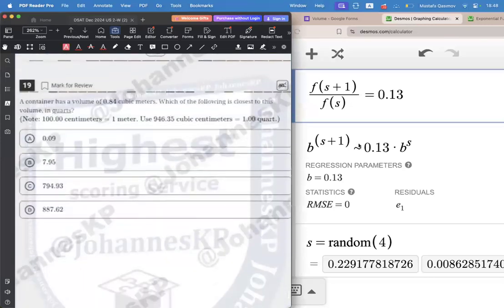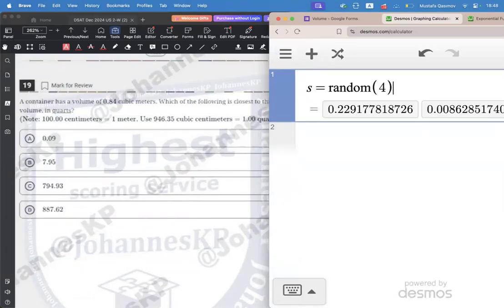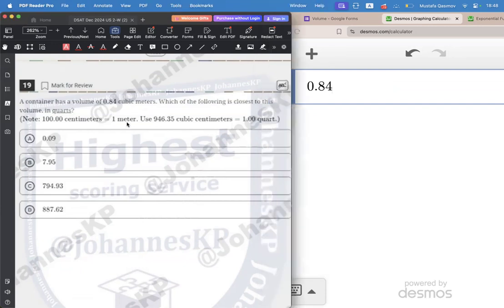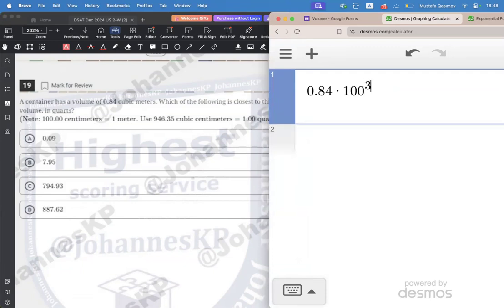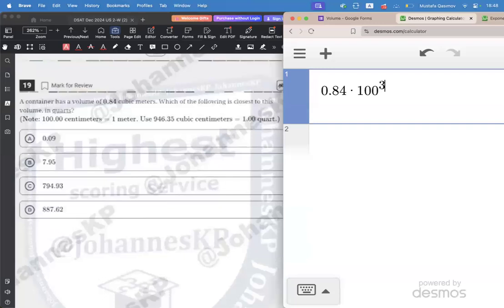0.84 multiplied by, it is cubic meter, right? And 1 meter is equal to 100 centimeters. So multiply by 100 cubed, like that. So it is 804,000.